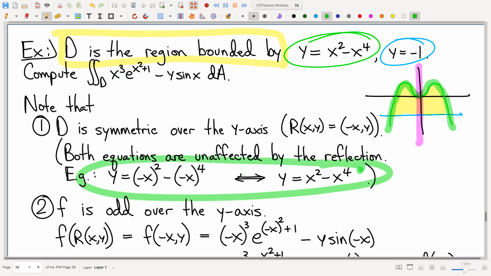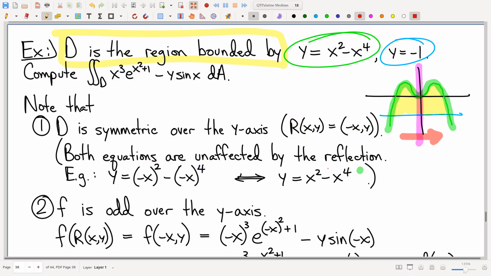Well, if you do the reflection over that purple line, this reflection just takes whatever your x coordinate is and negates that x coordinate. The y coordinate stays the same. X just turns into the negative of what it had been. So that's what our reflection looks like. And if you just do that to the green curve, you get the exact same equation. So that's the argument for how I know that this green curve is symmetrical. Is everybody okay with that? Okay, so we've got a symmetric domain, sweet, over the y-axis.